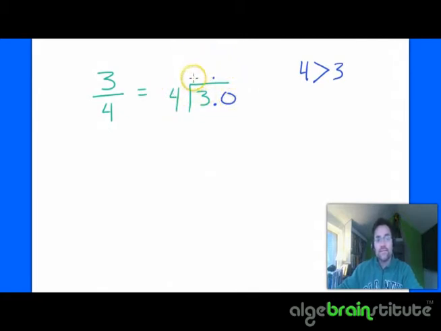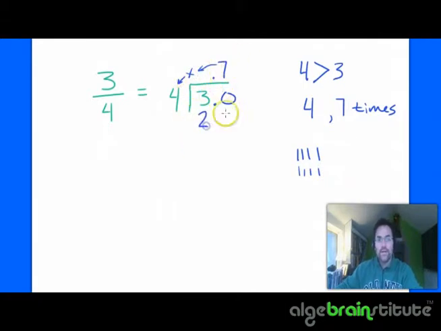Well, 4 times 7 is 28. So that's the same as saying 4, 7 times. If I had 1 2 3 4, 1 2 3 4, and I did that 7 times, I would have 28. So 7 times 4 is our next step. We go ahead and do that just to show what we got, and we got 28.